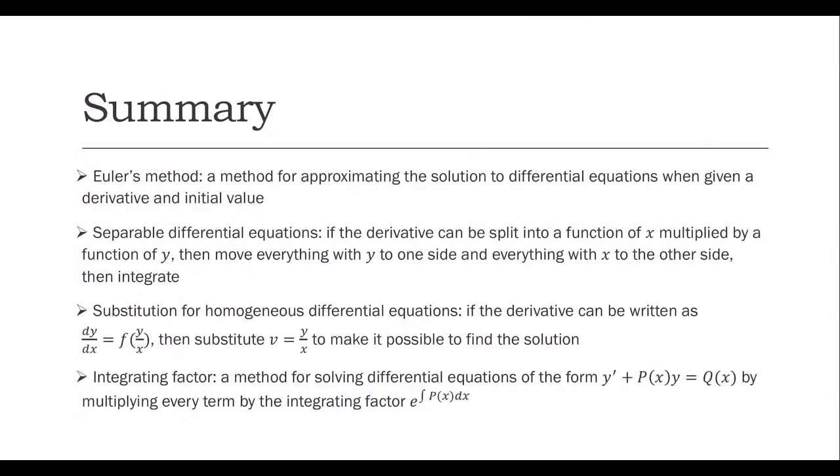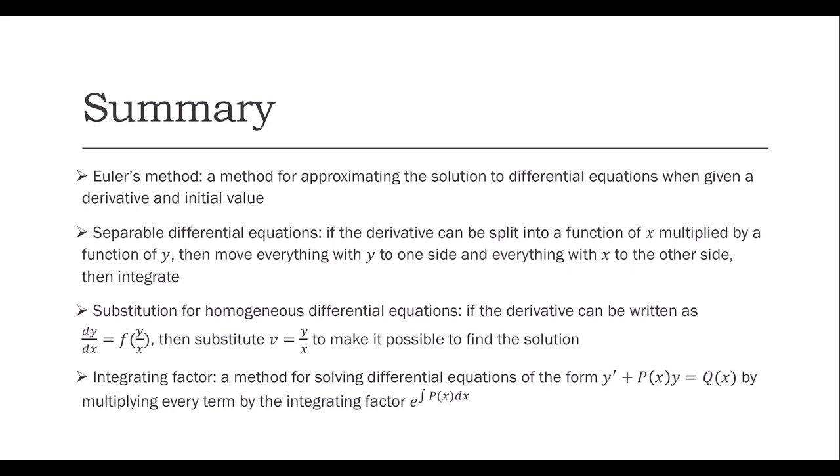So in summary, Euler's method is a method for approximating the solution to differential equations when given a derivative and an initial value. Separable differential equations are if the derivative can be split into a function of x multiplied by a function of y, then you move everything with y to one side and everything with x to the other side and then integrate.